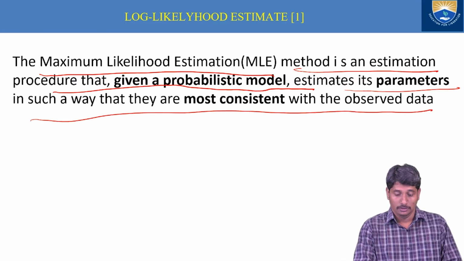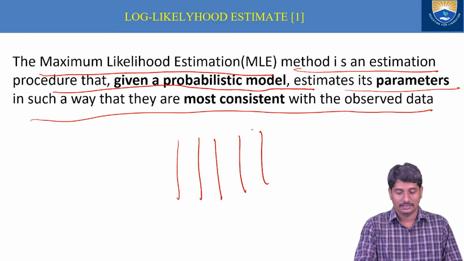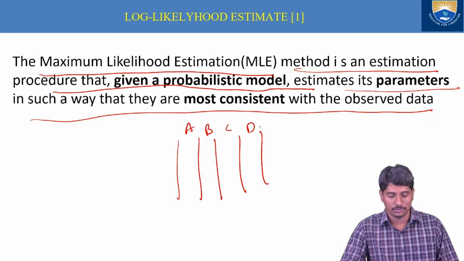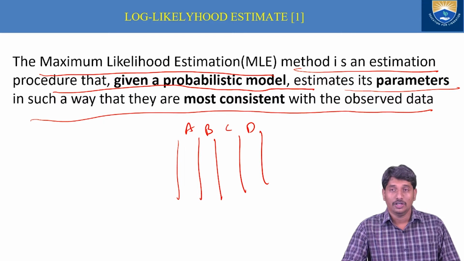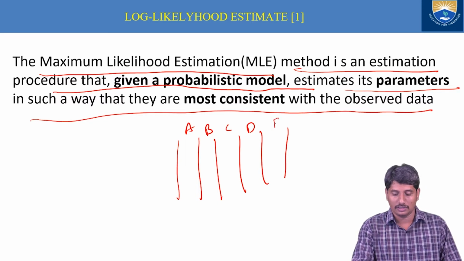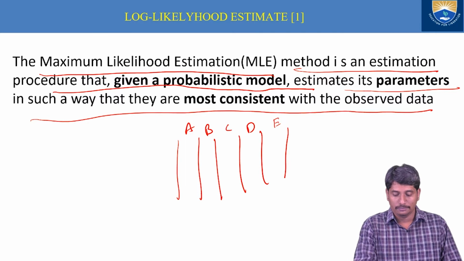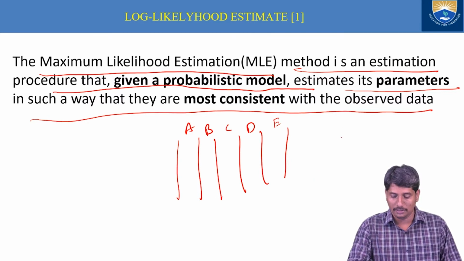That means when you have a data set like this, say marks of A, marks of B, marks of C, D, like that, you have so many columns, and you want to predict a missing feature which is not clearly visible. Then by observing the data set, you will prepare a probabilistic model.